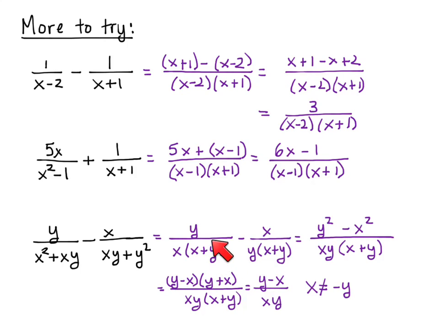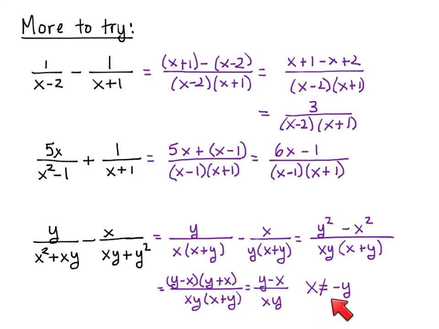And since we have to multiply this one by y, we'll have y over y, and so we have y squared minus x squared. Now y squared minus x squared factors into y minus x and y plus x, and we have an x plus y here, and so these two cancel, and so we get y minus x over xy.